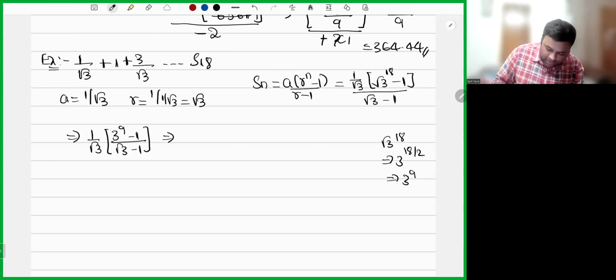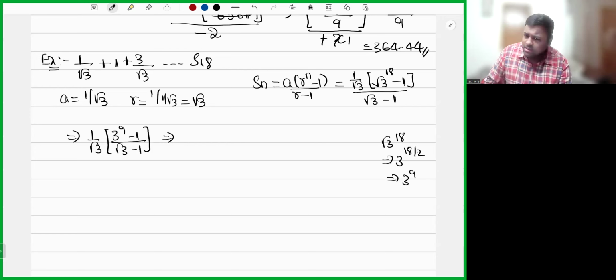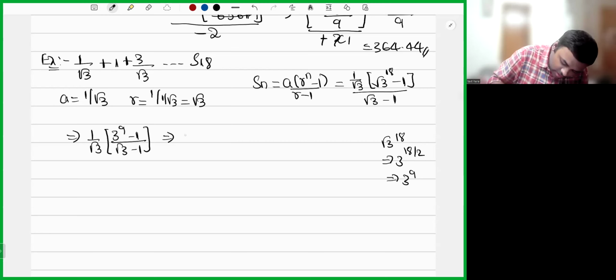Now, 3 power 9 minus 1 is what we have. Can I simplify this 3 power 9? What is 3 power 9? 3 into 1, 1, 2, 3, 4, 5, 6, 7, 8, 9. It is 19,683. 1 by root 3 into 19,683 minus 1 whole divided by root 3 minus 1.